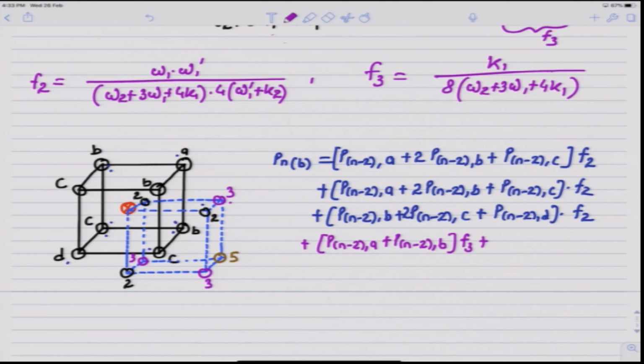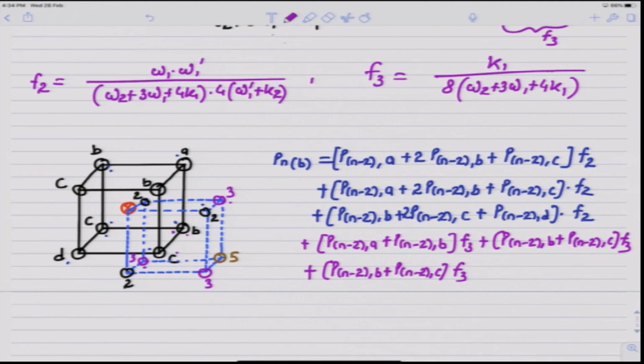For this type 3, the vacancy should have been on either this B or this C. So, P n minus 2 of B plus P n minus 2 of C times F3, plus for this type 3, the vacancy should have been either on this B or this C. P n minus 2 of B plus P n minus 2 of C times F3.